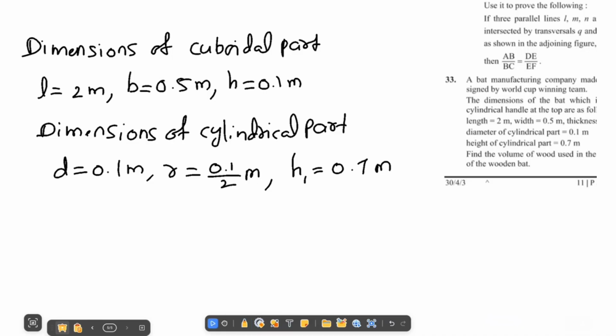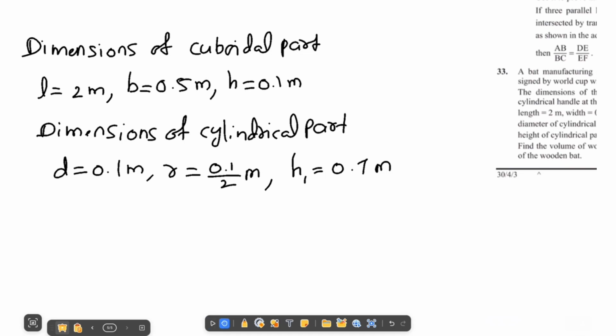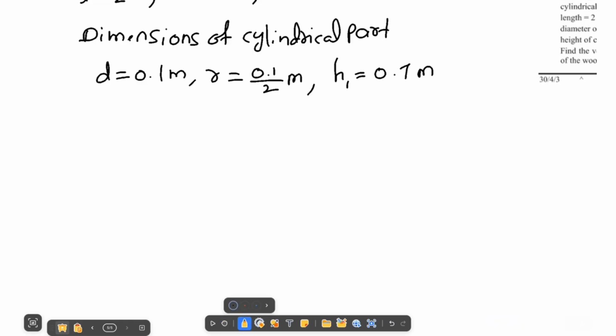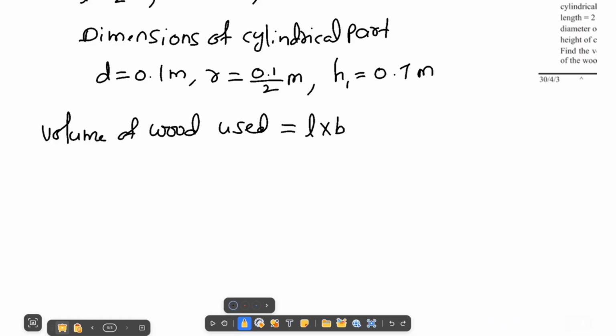So first of all, we have to find the volume of wood. Volume of wood used is equal to volume of cuboid plus volume of cylinder. Volume of cuboid is length into breadth into height.